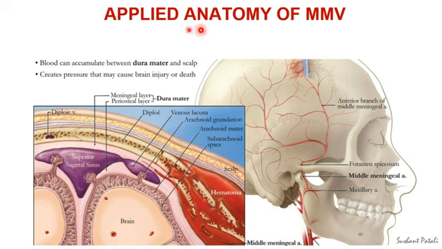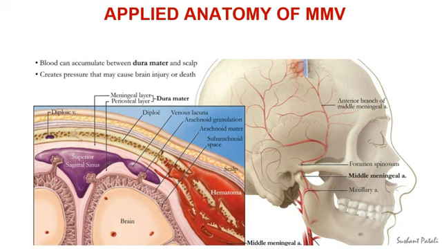Applied anatomy of the middle meningeal vein. You know the middle meningeal artery from the infratemporal fossa and also from the meninges. In addition to this, I want you to know that the middle meningeal veins are closer to the bone than the arteries, and these veins cause grooves on the inside of the parietal bones.